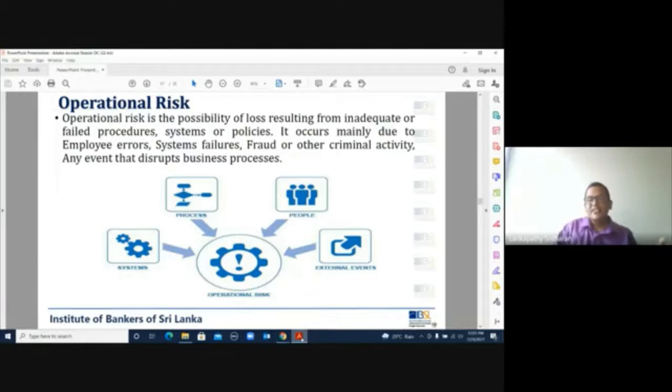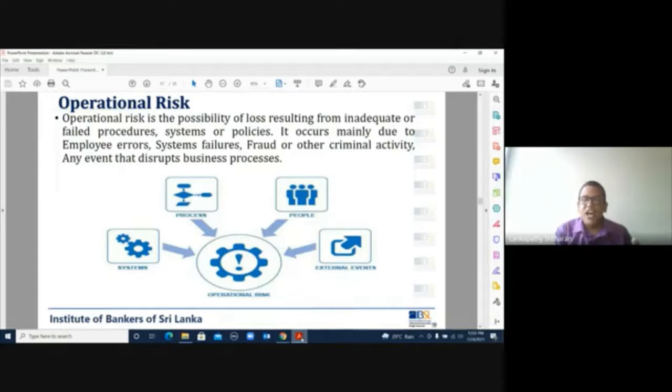The second officer has to approve through a password. But I have observed that in some banks, the second officer gave the password to the teller for ease. Then the teller used the second officer's password and made the payment. That may create an operational risk for the bank and financial institution.